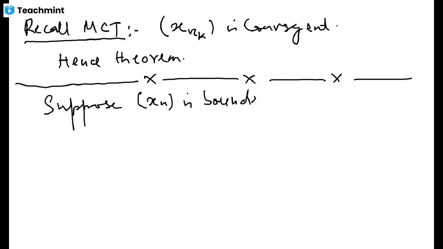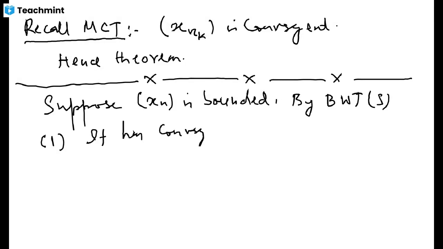Then by the Bolzano-Weierstrass theorem for sequences, it has a convergent subsequence, at least one, or it might have many subsequences. This is the guarantee now. First part is guaranteed. It will definitely have a convergent subsequence.